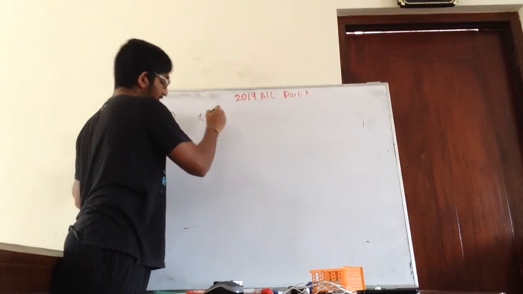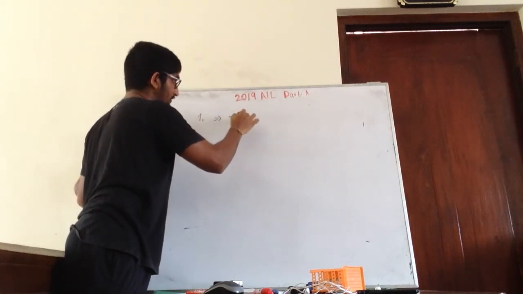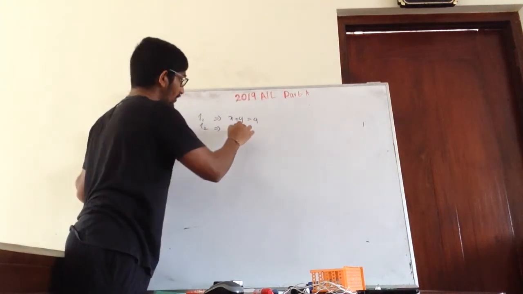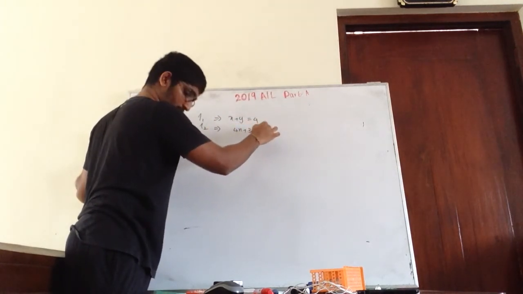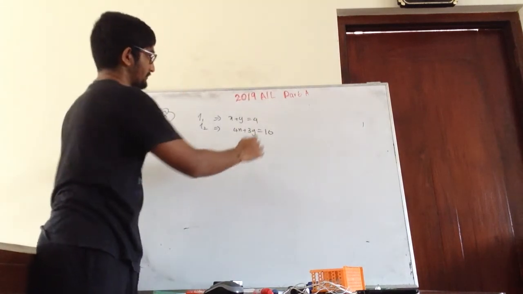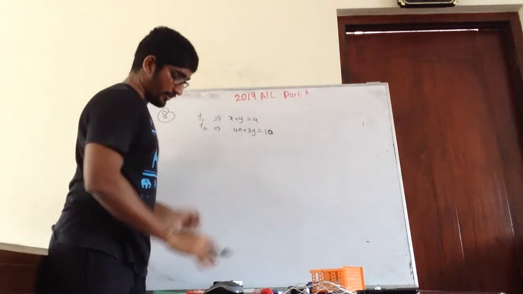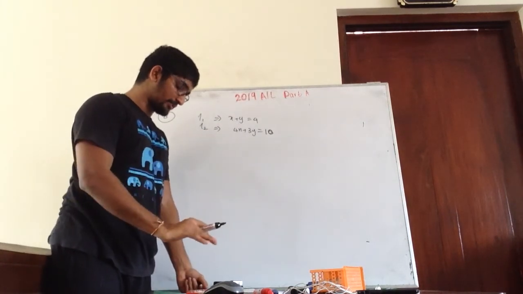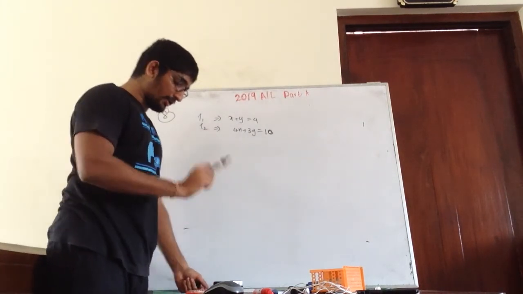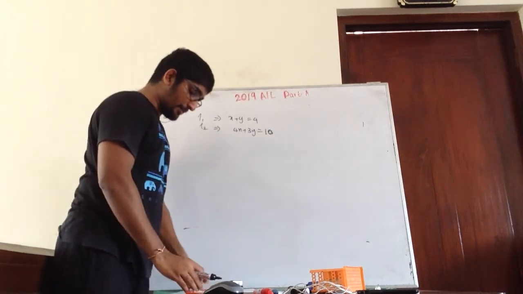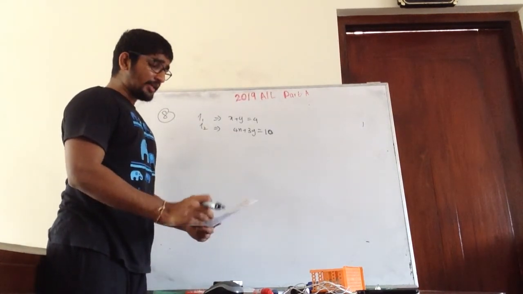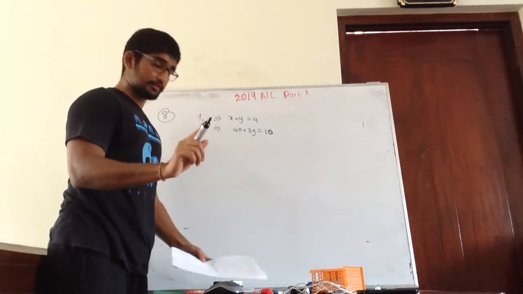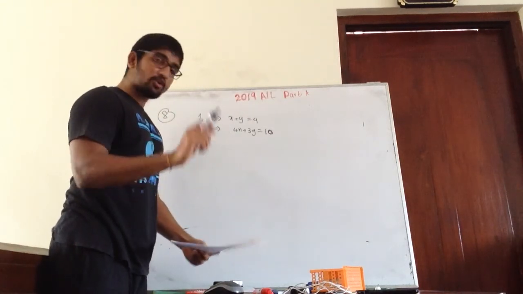So L1 is x plus y equals 4, L2 is 4x plus 3y equals 10. Two distinct points P and Q are on L1 such that the perpendicular distance from each of these points to L2 is 1 unit. Find the coordinates of P and Q.